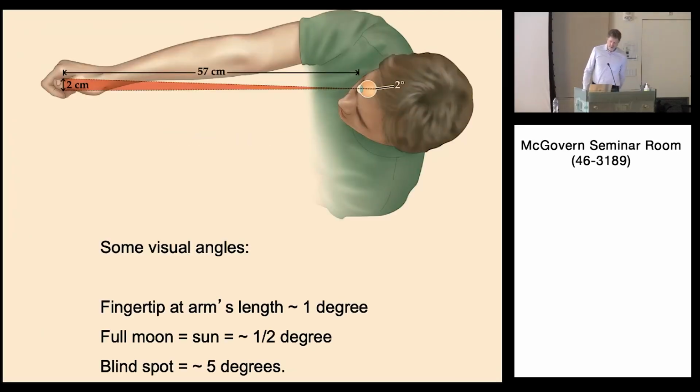So a good rule of thumb is that 1 degree of visual angle is approximately the width of a fingertip at arm's length. Okay. The full moon, which is about the same size as the sun when considered as an image on your retina, is about half of a degree. And the blind spot is about 5 degrees. Right, so pretty big.